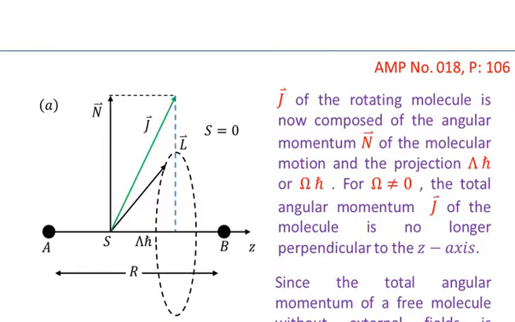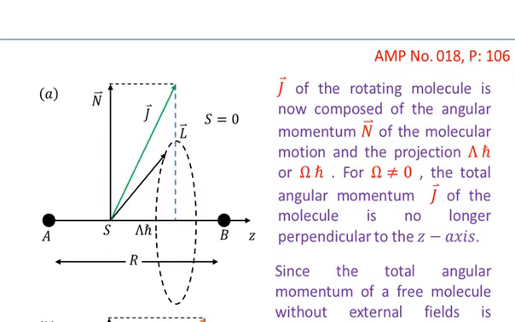Now I am going to show you graphically the representation of these quantities. In part A of this figure, I have shown two atoms, or two nuclei, A and B, separated by a distance capital R. And I have shown the total angular momentum L of the electron.